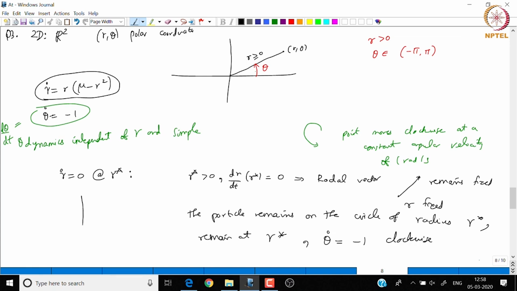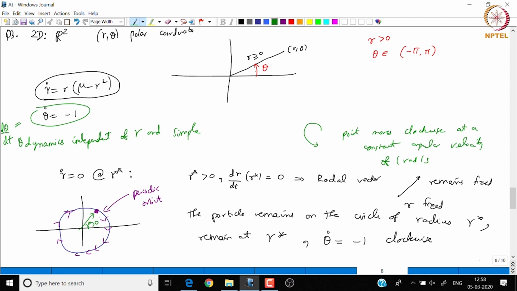So, when we have a non-zero r star, the particle, when it starts anywhere on this circle, will just keep on moving with a constant angular speed of 1 clockwise. So, this corresponds to a periodic orbit when r star is positive. Again, this r star has to be positive.